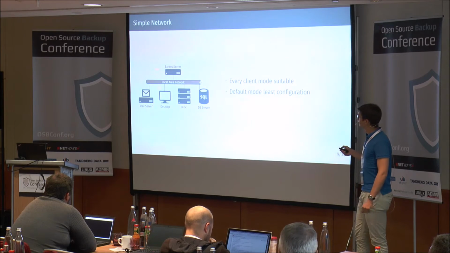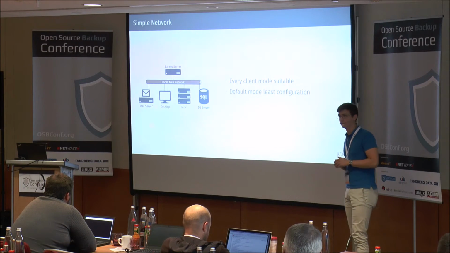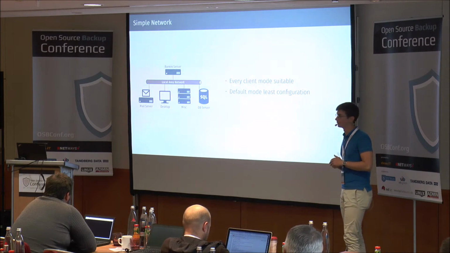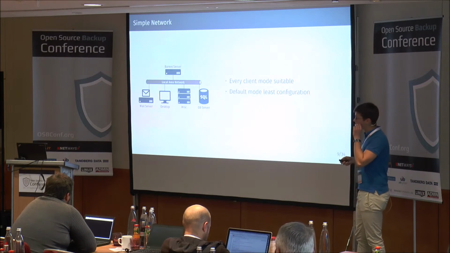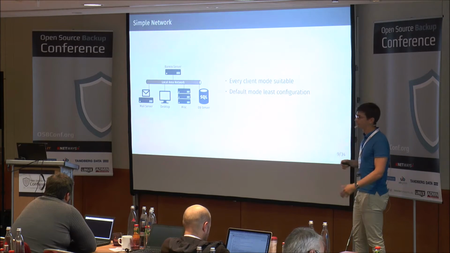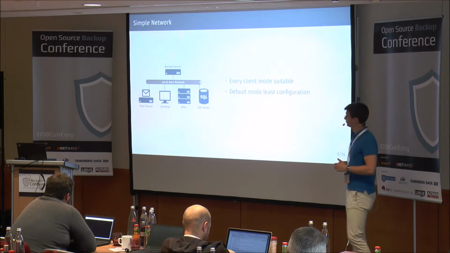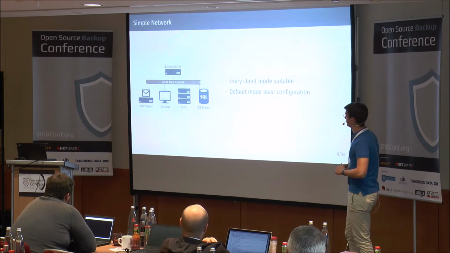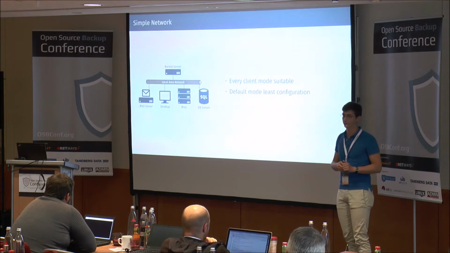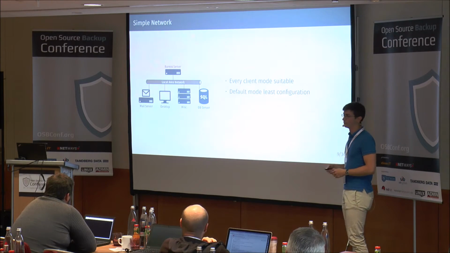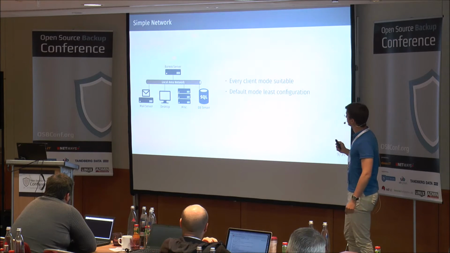And this Bareos server just stands for a director and a storage daemon on the same machine. So with this network, every client mode which I presented before is usable. In this case, the default mode has the least configuration needed and is to be preferred here, I think.